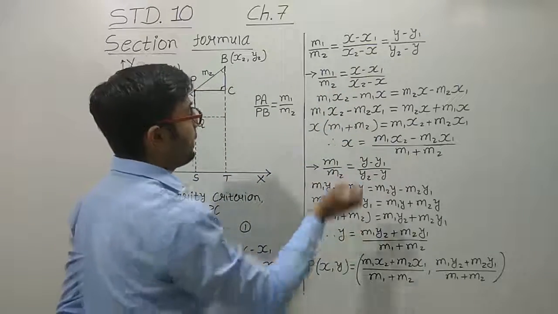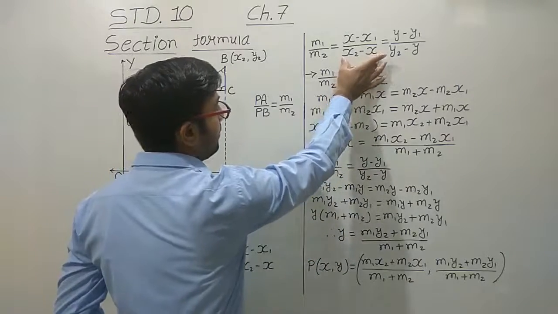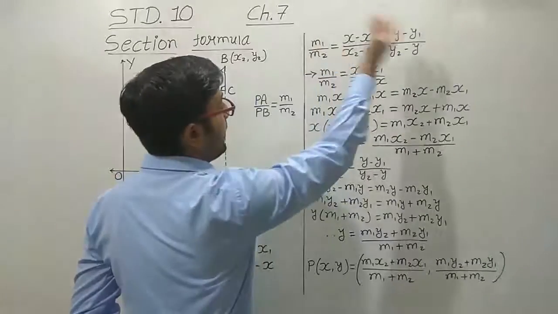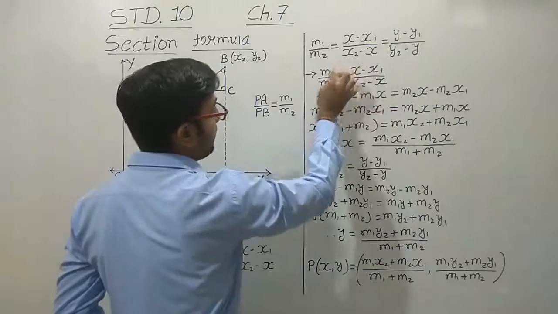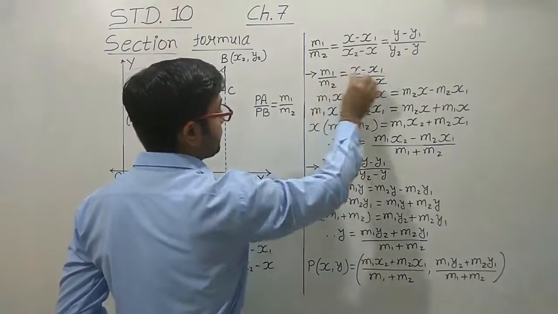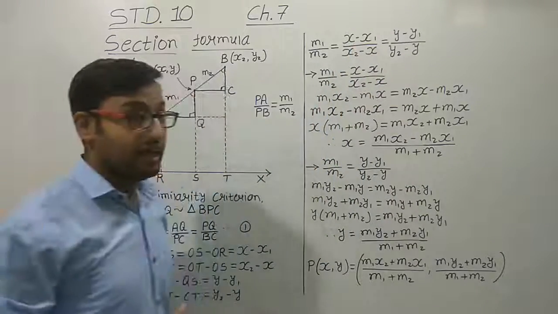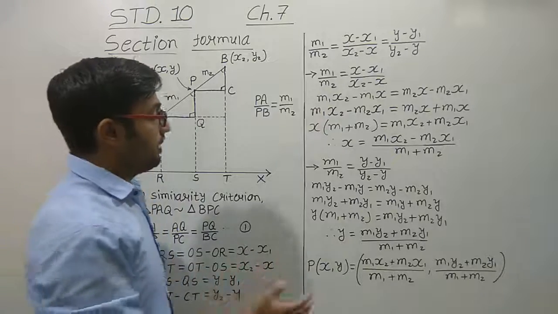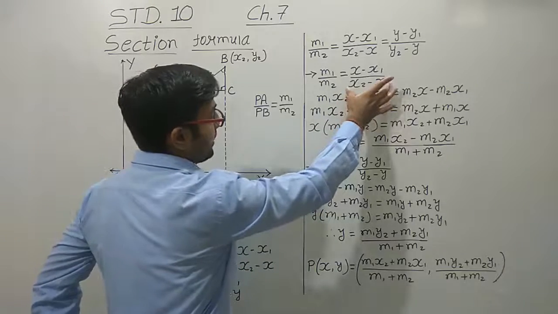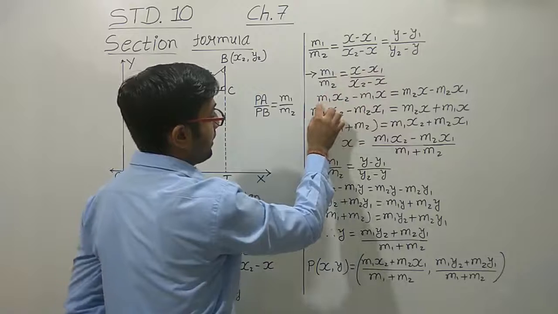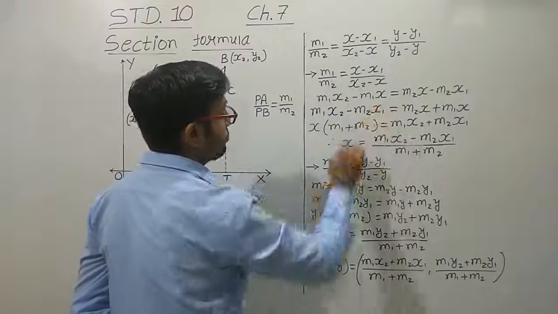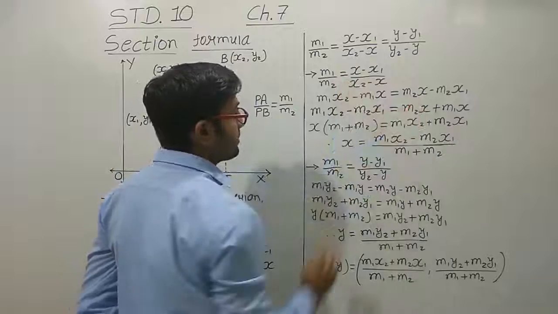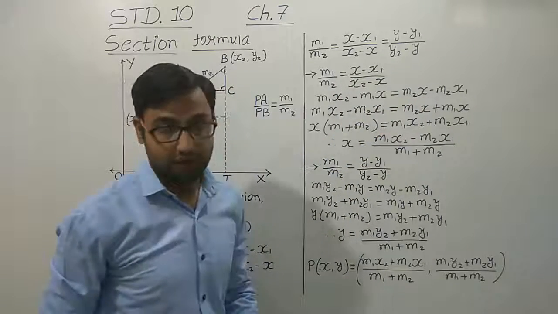Now we will compare one by one this one with M1 upon M2, and this one with M1 upon M2. So when we compare M1 upon M2 with X minus X1 upon X2 minus X, what will happen? When we multiply by X2 minus X with M1, we get M1 into X2 minus M1 into X, which equals M2 into X minus M2 into X1.